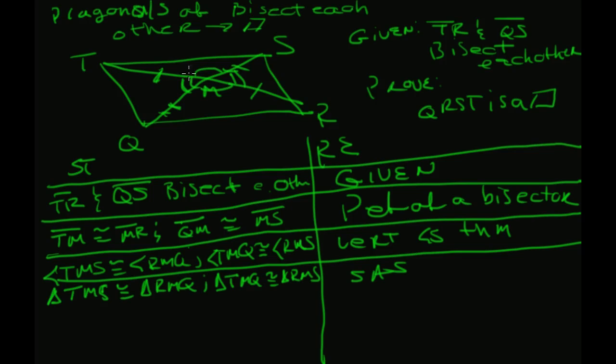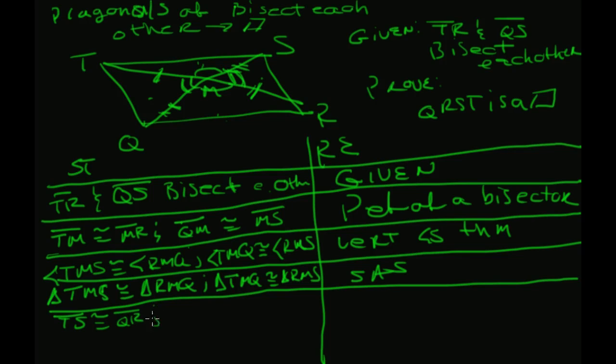You can play the same game with the one on the top and the bottom. Okay, so we proved triangles congruent to get CPCTC. Easiest thing to do here is to say that TS is congruent to QR because that's in the top and the bottom triangle. TQ is congruent to SR, that's in the left and right triangle.